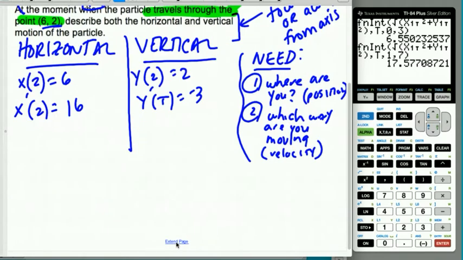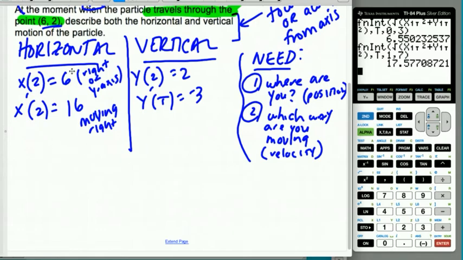So if we're asked to describe this motion, what's happening here is 6 is a positive value, so this is starting to the right of the y-axis, and this says I'm moving right.